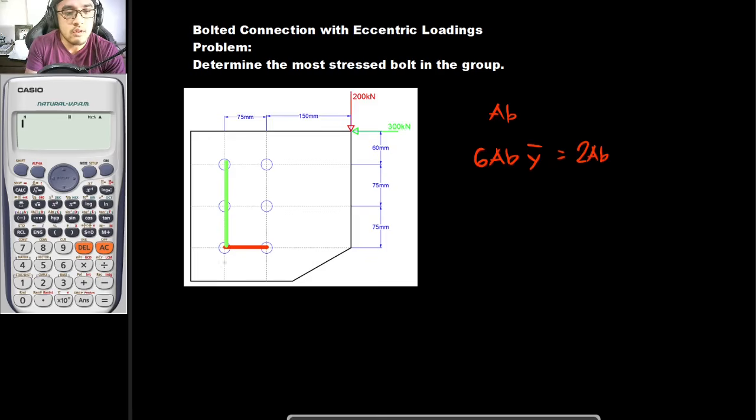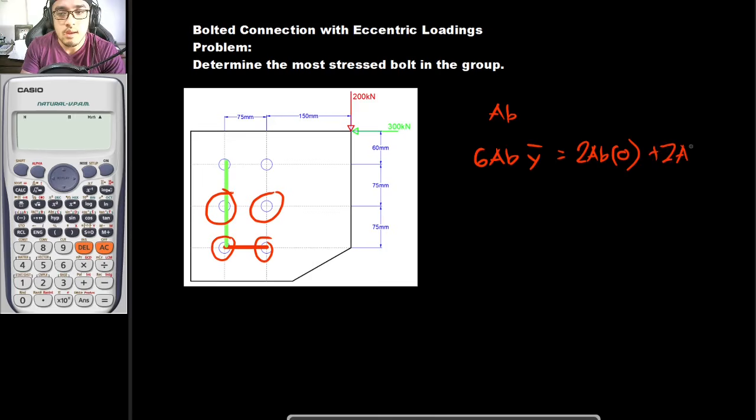times our lever arm of 0. As for these 2 bolts, plus 2AB times its lever arm, which is 75 mm.